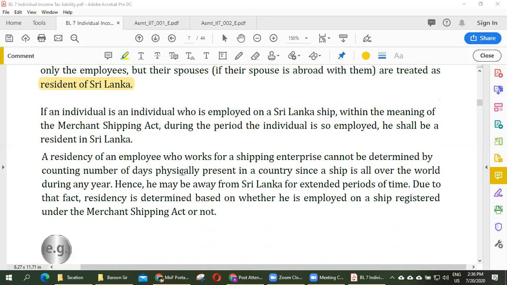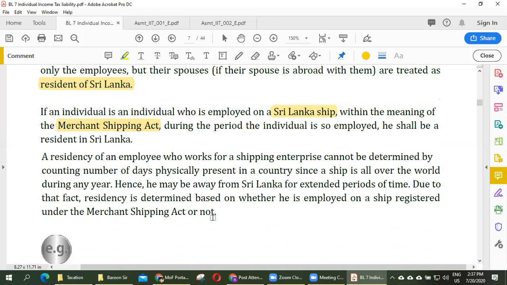If an individual is employed on a Sri Lankan ship within the meaning of the Merchant Shipping Act, during the period the individual is so employed, he shall be resident in Sri Lanka.